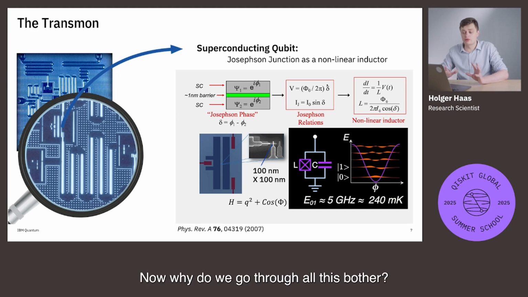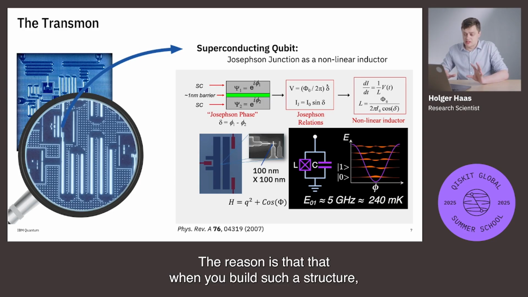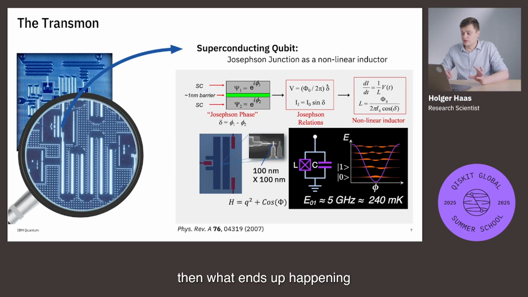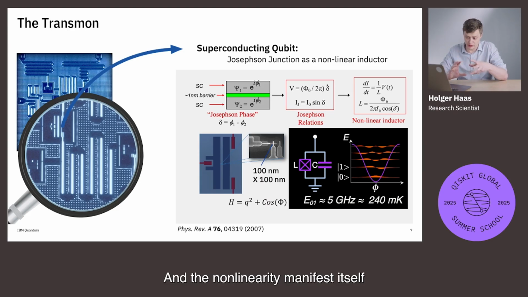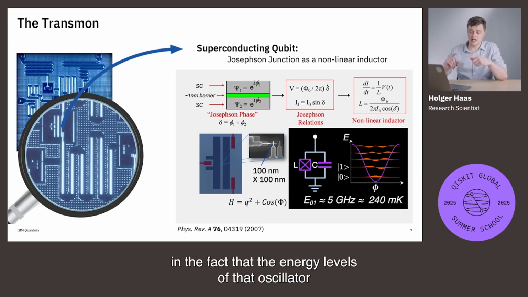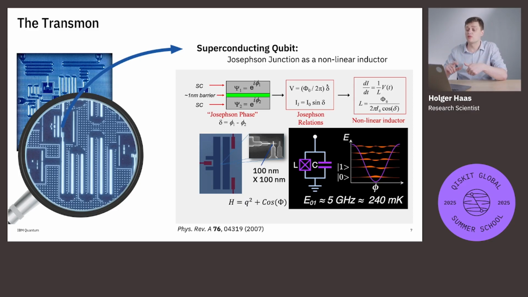Now, why do we go through all this bother? The reason is that when you build such a structure, it behaves as a nonlinear oscillator. And the nonlinearity manifests itself in the fact that the energy levels of that oscillator have uneven spacings.